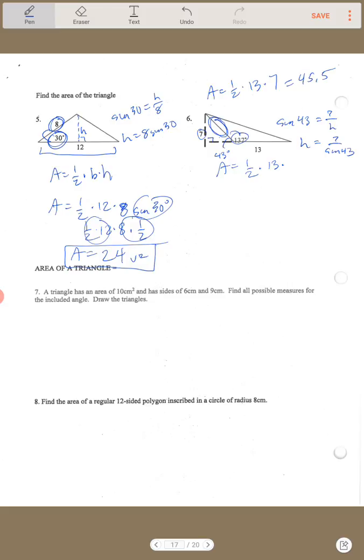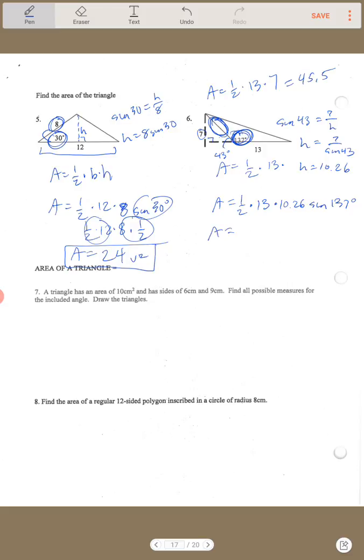On my calculator, when I do 7 divided by sine 43 degrees, I get a value of 10.26.